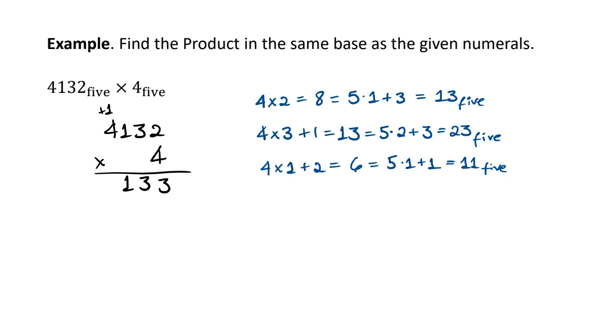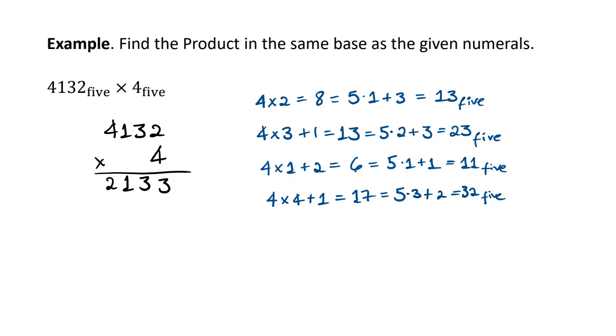And the last multiplication is 4 times 4, which is 16 plus 1, 17, and then convert it into base 5. That's going to be 3, 2, because we need 3 5s and a 2 in order to get 17. And so I do the same thing where I write down the 2 on the fourth column and carry the 3.